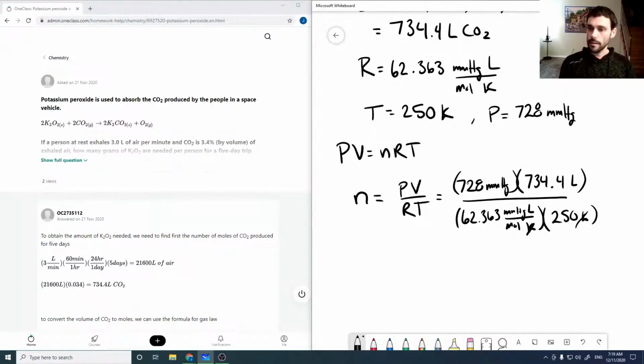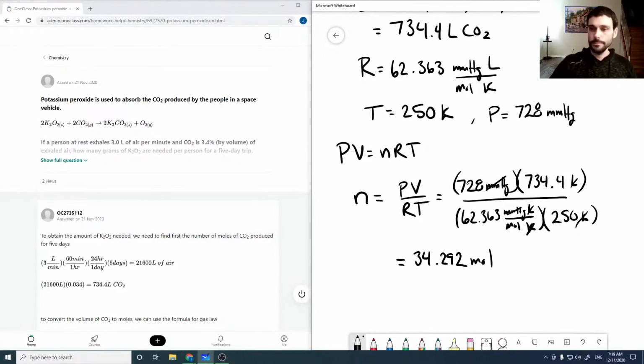Alright, so then that cancels, and that cancels, and that will flip up to the top to give us an answer in moles, so that looks good. If we run this through our calculator, we get 34.292 moles.